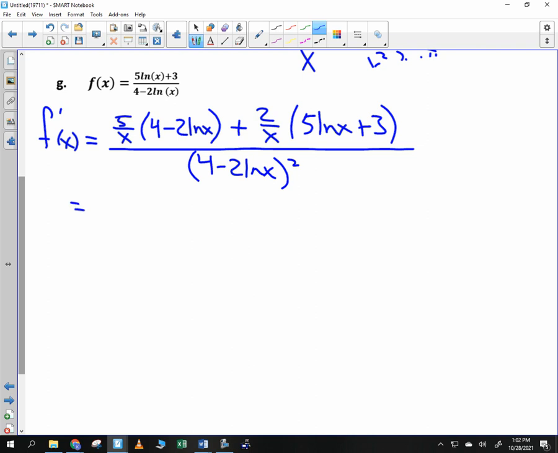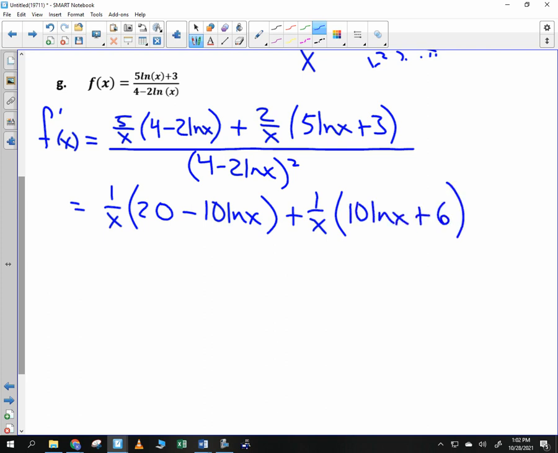And when I do that, 5 times 4, so I got 1 over x times, that's going to be 20 minus 10 natural log of x plus, I'll leave it as 1 over x times 10 natural log of x plus 6. All over, 4 minus 2 natural log of x squared.